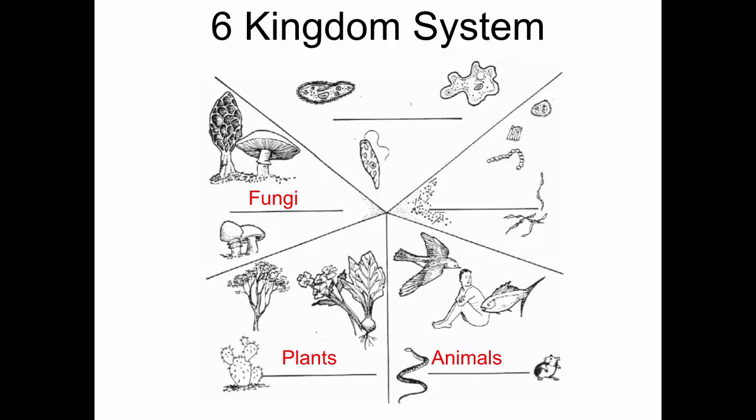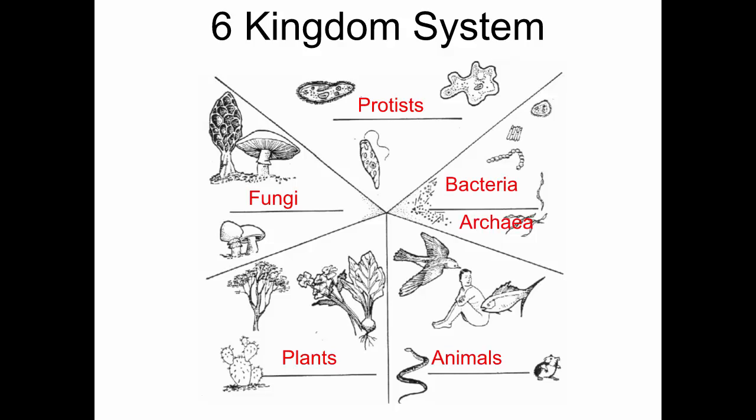I have a question. Why are there 5 kingdoms when there's 6 of them? Jake? Protists. Yeah, those are Protists. And these are 2 kingdoms combined into one. I thought that was Archaea. Yeah, there's Archaea, and then the other missing one, bacteria.